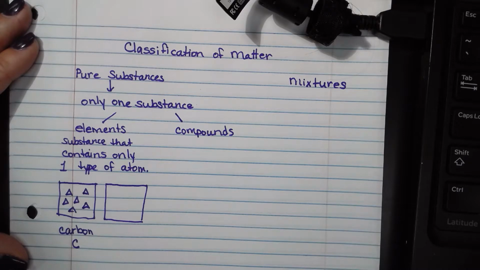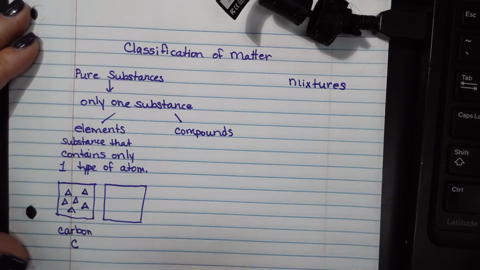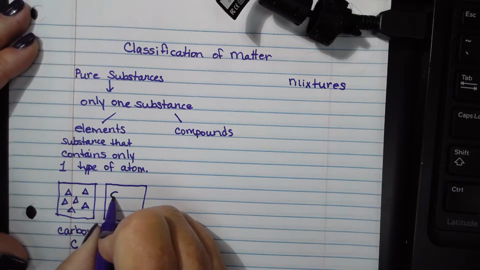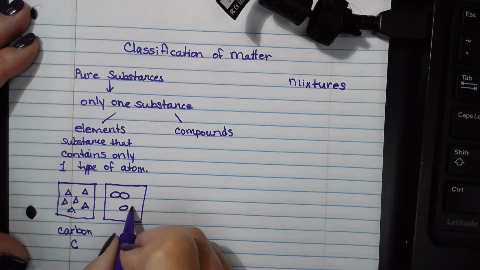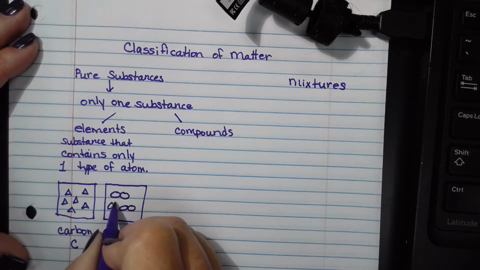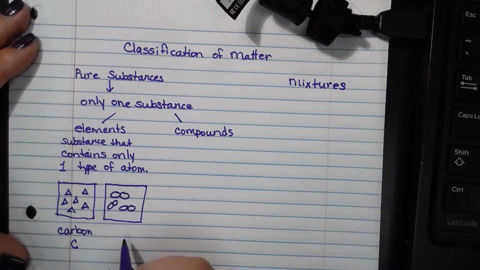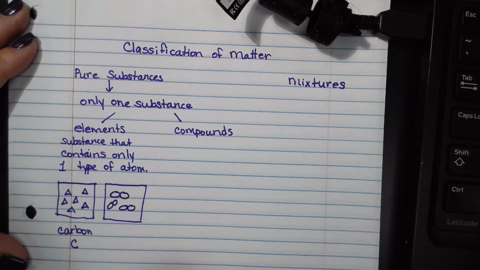We also have cases where we might have two atoms connected to each other, but the atoms are identical. So this would also be a pure substance, and it would also be an element.